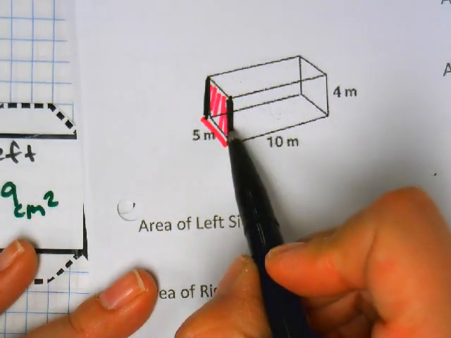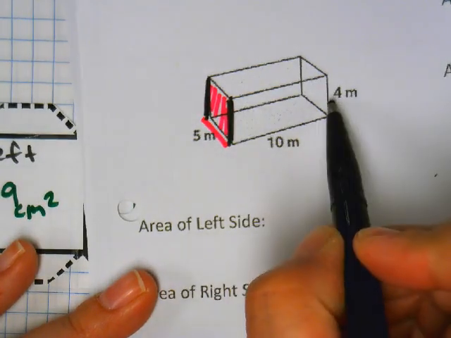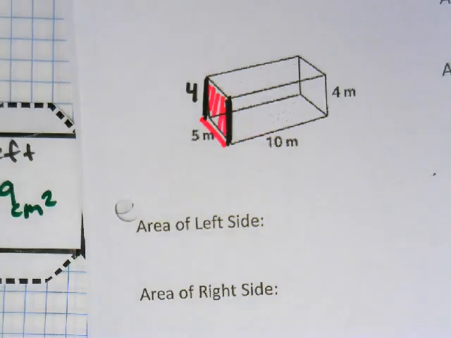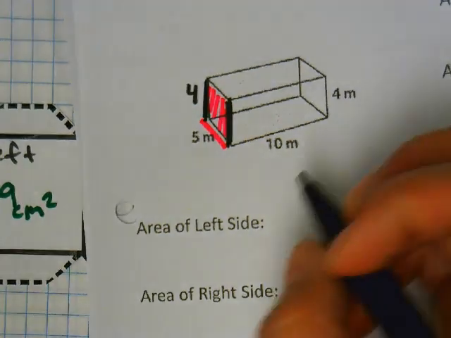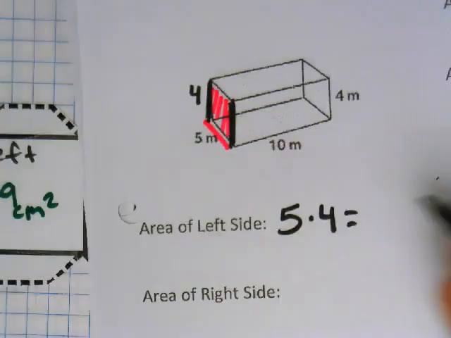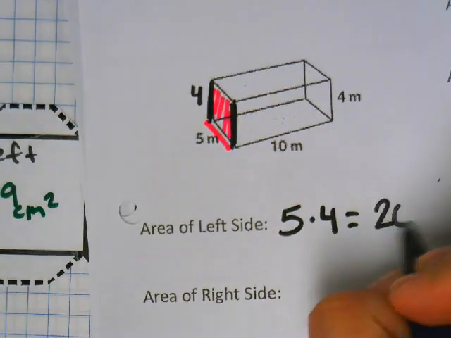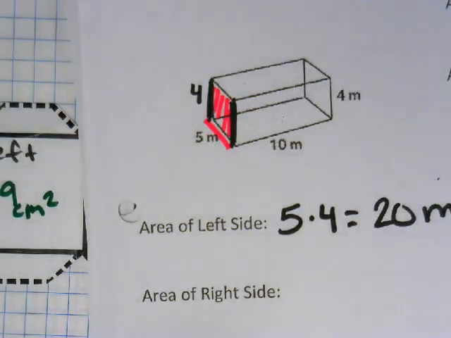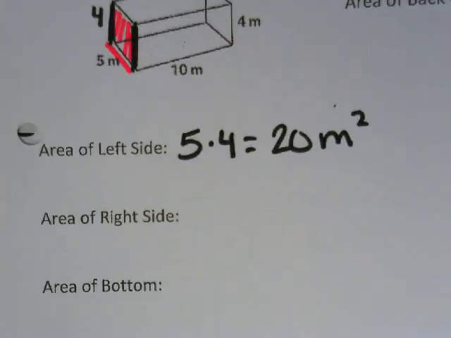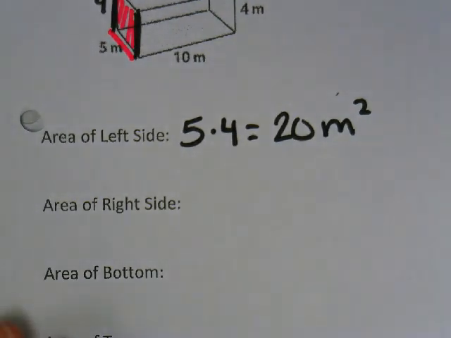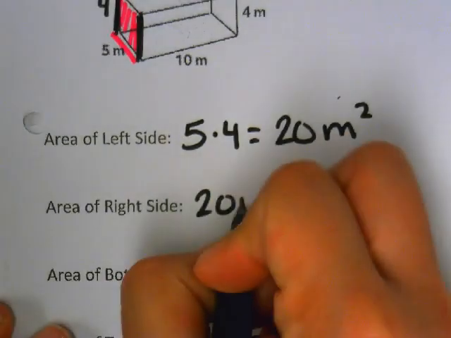And this line corresponds to the 4. So this would be a 4. So the left side is 5 times 4, which is equal to 20 meters squared. So if the left side is 20 meters squared, then the right side is 20 meters squared.